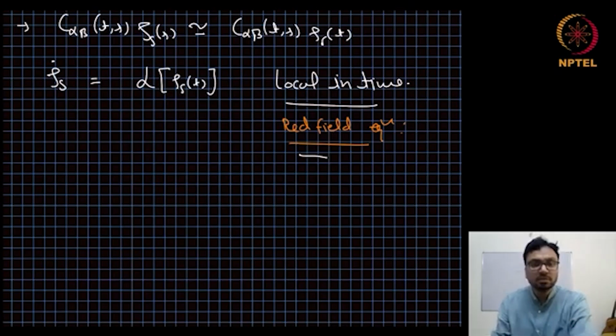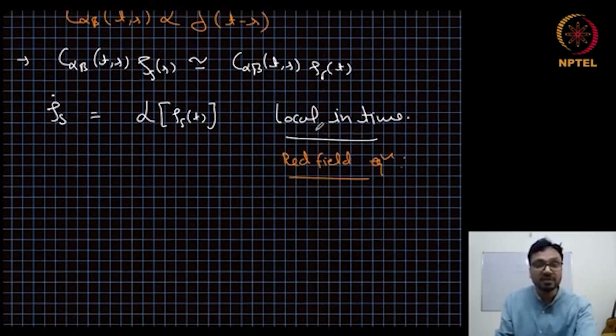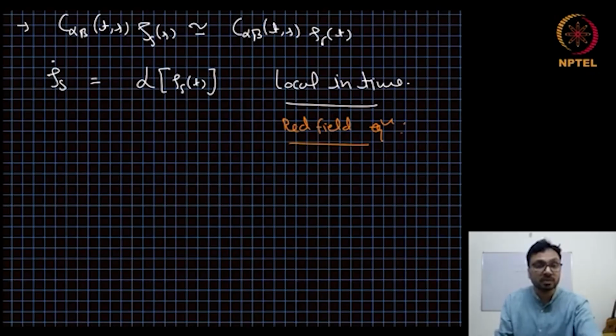This time-local dynamical equation is called the Redfield equation, and here the state at time t depends on the state at time t, but it considers the correlation functions from the earlier times also, because the integration still goes from 0 to t. So the equation is local in time in terms of the state, but it still has the information about the history of how the state evolved. So in that way, it's not a Markovian master equation.